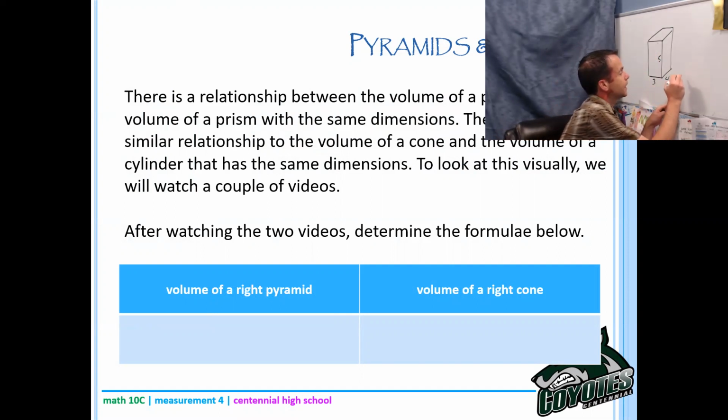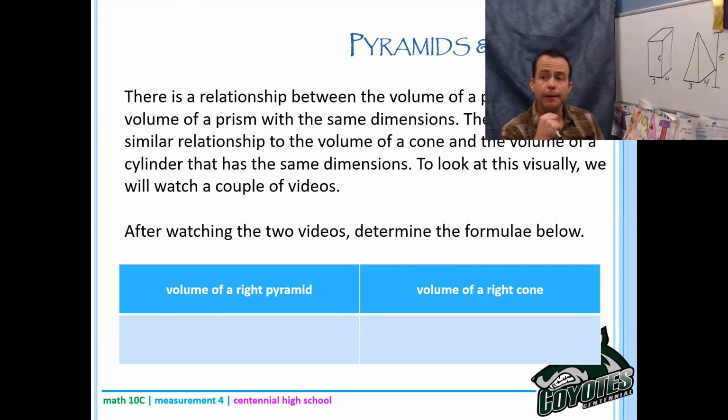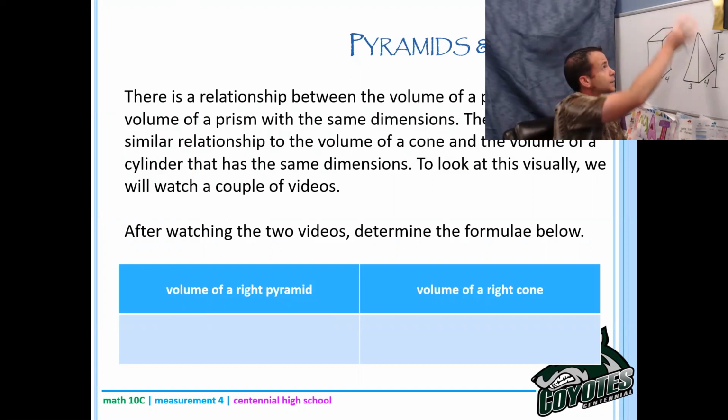Now, let's say I had a pyramid that was also 3 by 4 by 5, okay? So this is a prism and a pyramid with the same dimensions, okay? Now, let's say both of these were hollow so I could fill them up, okay? And let's say this was empty and I filled this up right to the edge and dumped it in, filled it up, dumped it in, okay?